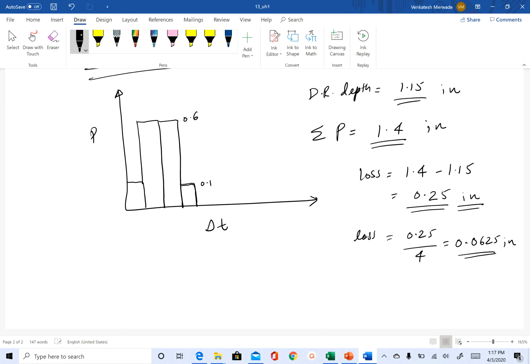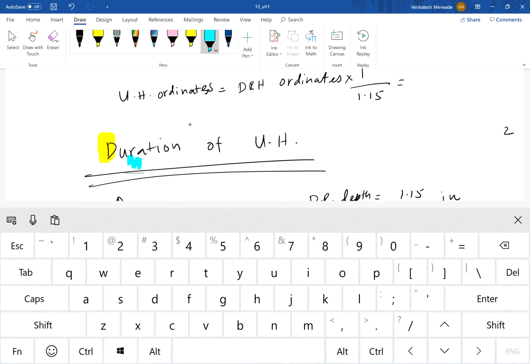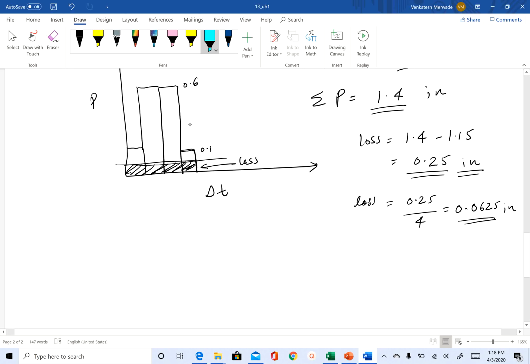And what you will do is, 0.0625 is less than 0.1, so that will be somewhere here. So that's the loss of rainfall. And then this is our excess rainfall.